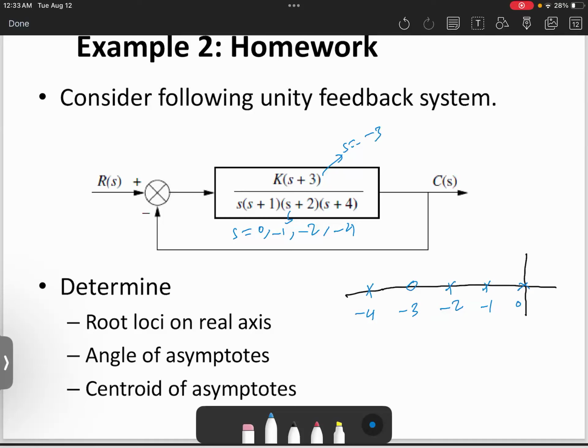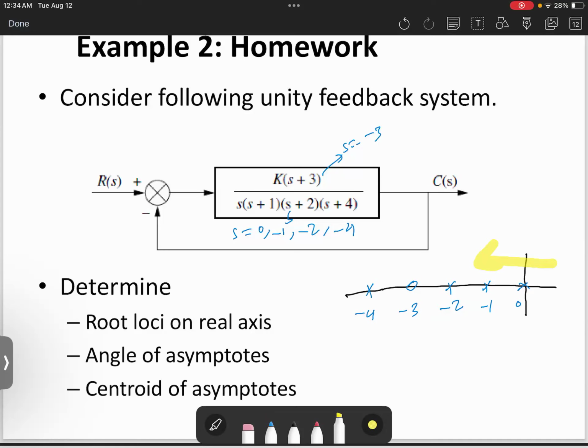Then, as we discussed last lecture, let's identify the root locus segments. In order to determine the segments, start counting from right to left. The odd numbers will be considered as a segment, and the even numbers will not be counted as a segment.